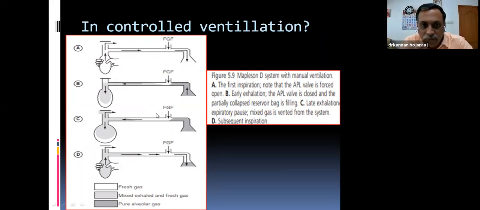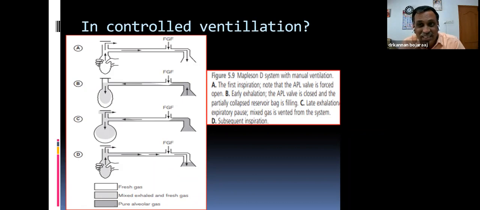During the act of expiratory pause, what happens? There is no gas from the patient, only fresh gas flow that will push this mixed alveolar gas present in the exhaled limb, and that will open up the APL valve to get vented out, and some of the gas will enter into the reservoir bag also.